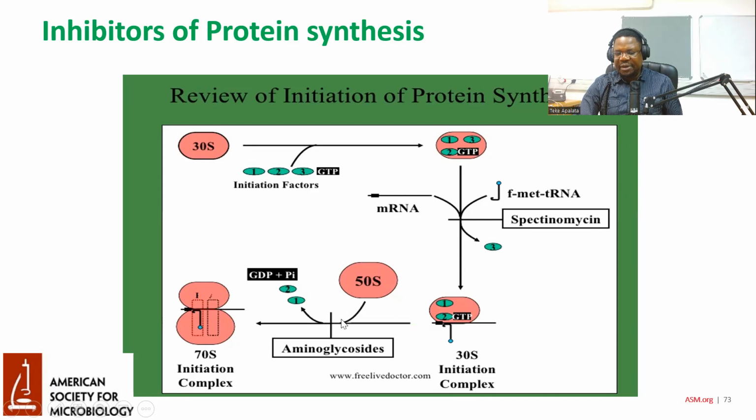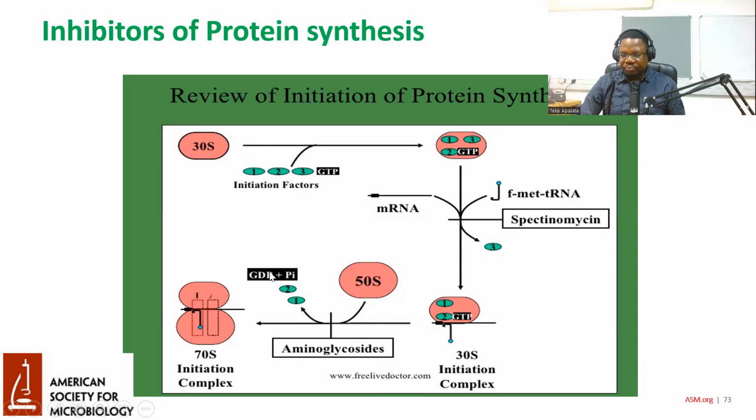And the aminoglycoside freezes this complex. The 30S initiation complex is completely frozen by the activity of the aminoglycoside. And we also remember that the aminoglycoside causes misreading of the information brought by the messenger RNA.